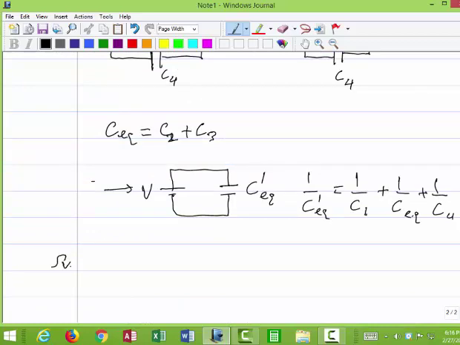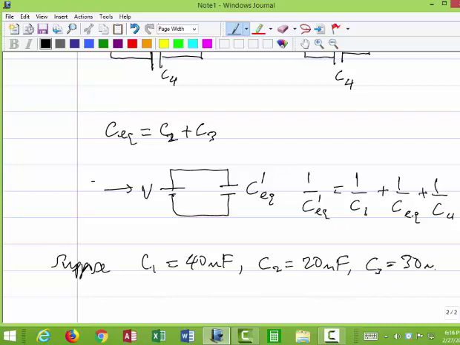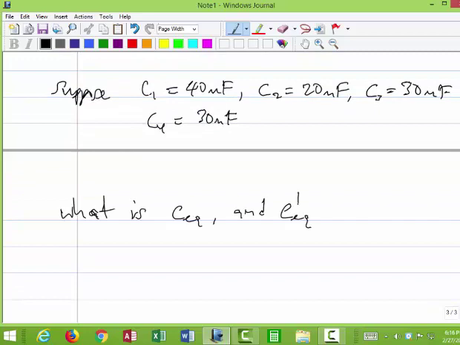So suppose we have C1 equals 40 microfarads, C2 20 microfarads, C3 30 microfarads, and C4 is 30 microfarads. What is the equivalent capacitance of the circuit, what is C equivalent and C equivalent prime, and then what is the total charge.